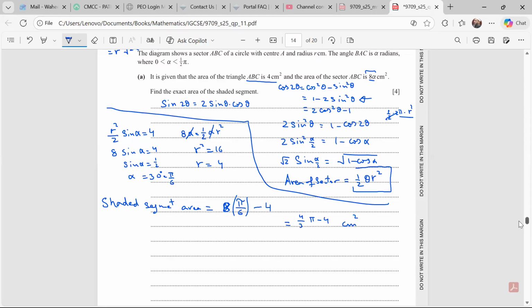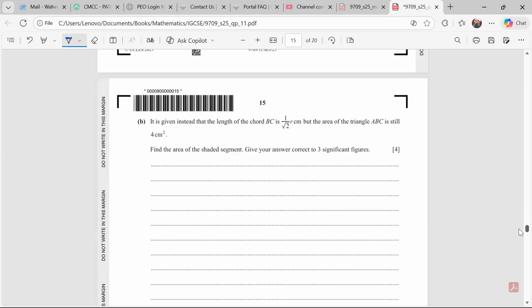Now the second part of this problem is a bit more complicated, I believe. It is given instead that the length of the chord BC is this much. Remember we found the length of the chord using the law of cosines. So the length of the chord BC, if you remember, was r times under the root 2 into 1 minus cos alpha.